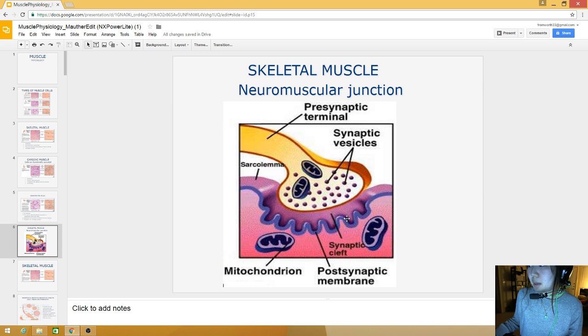The EPP will generate an action potential over here, which normally lasts longer than that of the nerve cell, and the speed of conduction of that action potential along the membrane is also going to be much slower than that of the nerve cells. And just remember that the function of the action potential in the muscle cells is to depolarize the membrane so as to start muscle contraction.